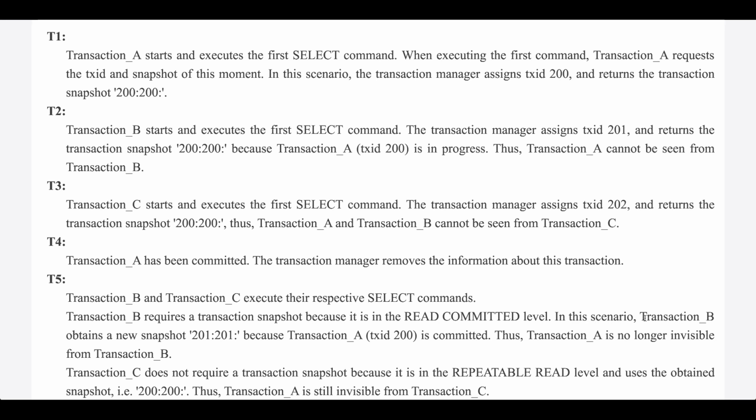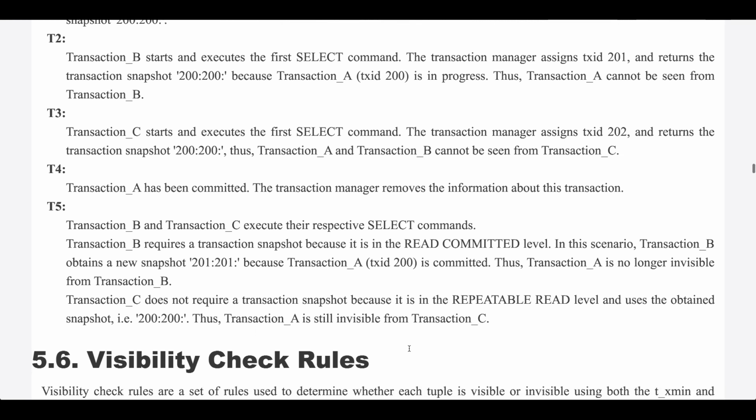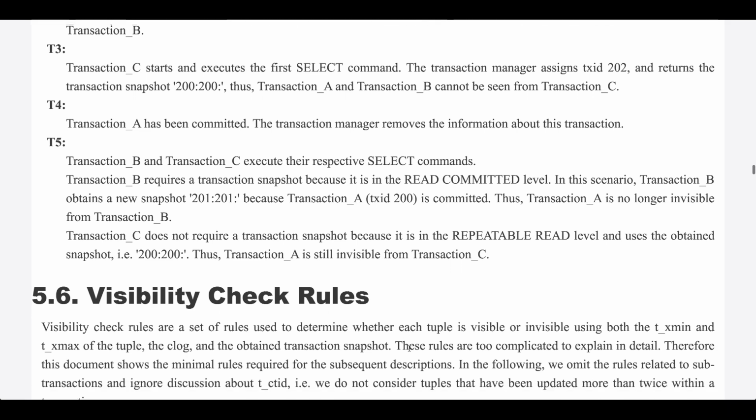Transaction B obtains a new snapshot 201:201, because transaction A, transaction 200, is committed. Thus, transaction A is no longer invisible from transaction B. Transaction C does not require a transaction snapshot because it is in the repeatable read level and uses the obtained snapshot, i.e. 200:200. Thus, transaction A is still invisible to transaction C.